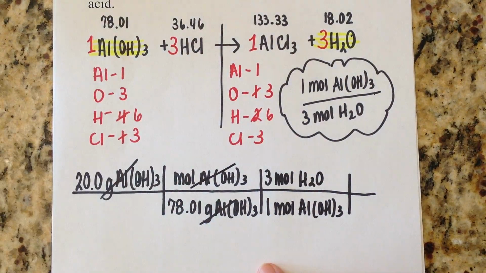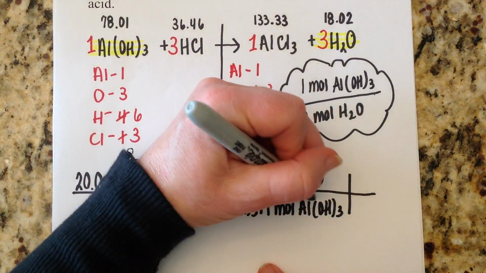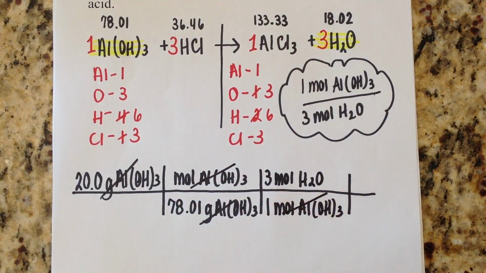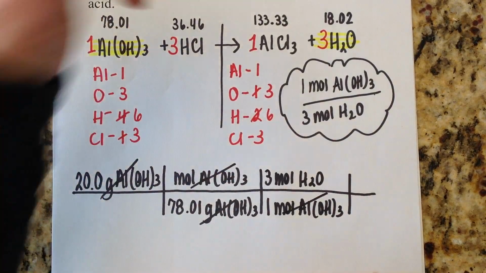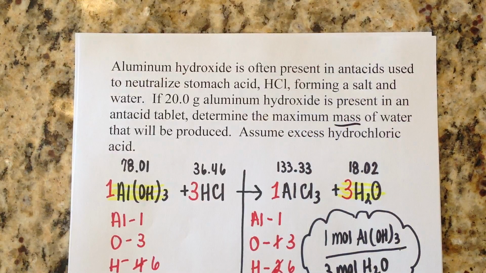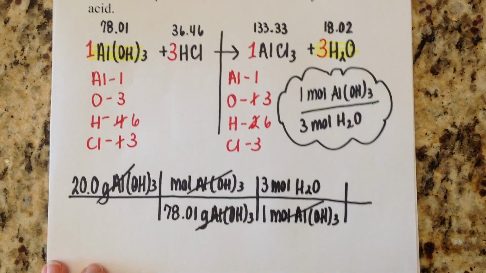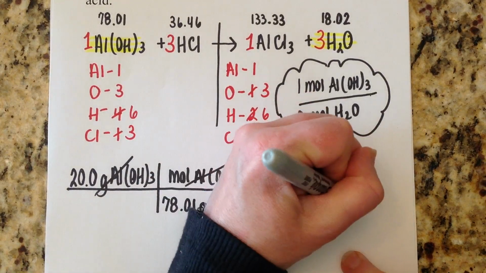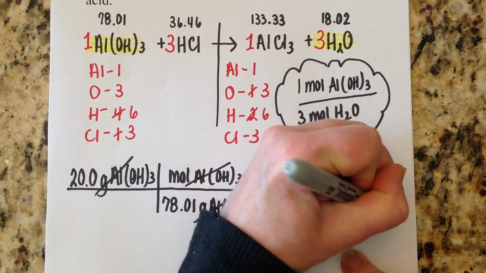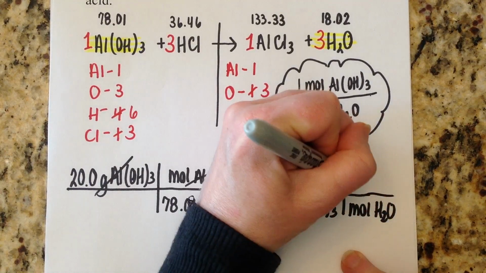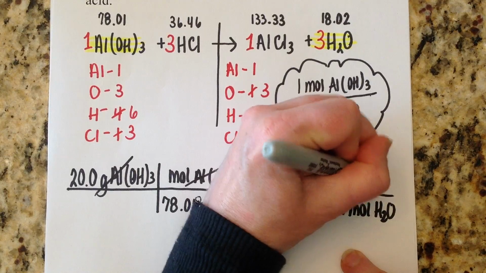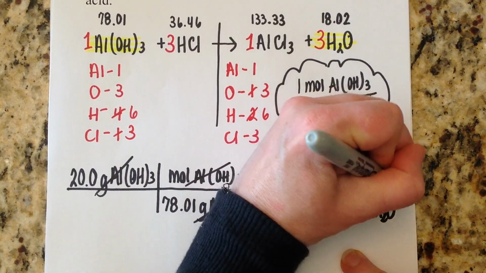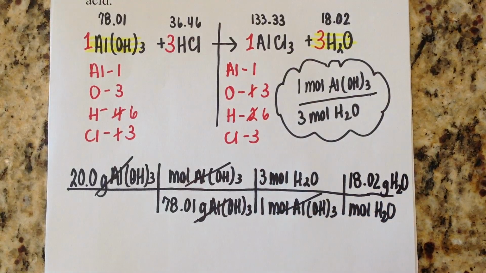Instead of working with aluminum hydroxide, I am now working with water, and they want the answer in terms of water. They want to actually know the mass of water, which means I'm going to have to do one more step. I'm going to have to convert my moles to gram. That's an easy conversion. A mole of water has a mass of 18.02 grams. Just about to run out of room here.